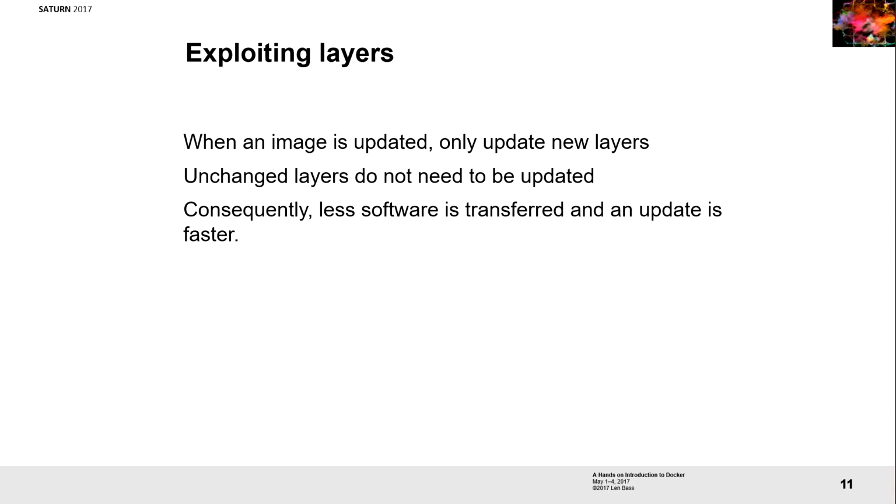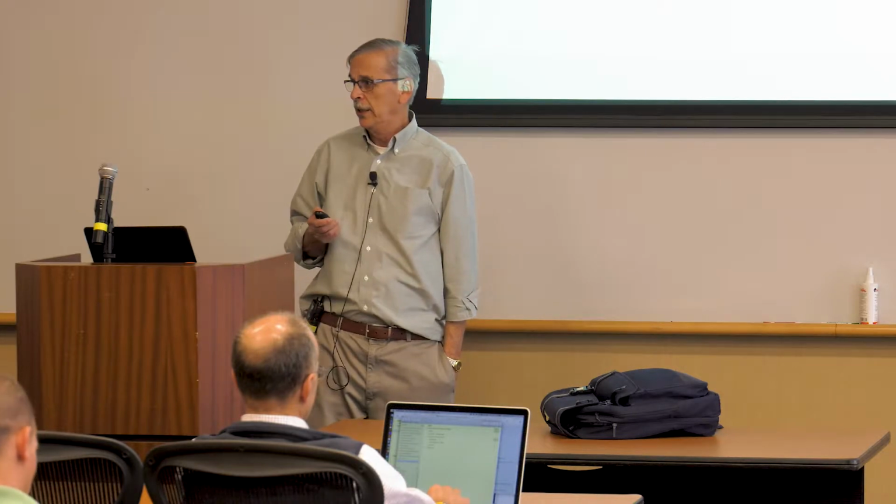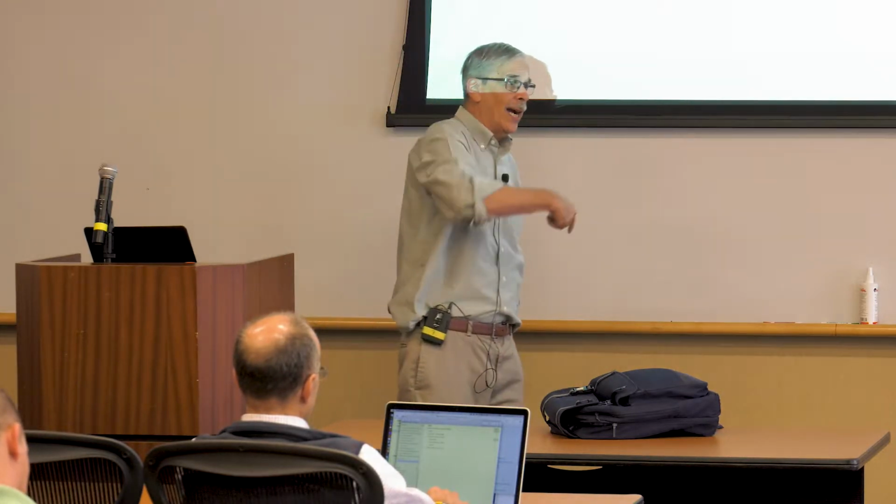Okay, so the key thing about the layers is when I'm redeploying something, I don't redeploy the whole thing, I just redeploy the layers that have changed. So that's my comment about the operating system. You load the operating system once, now I want to update it, I don't have to load it again because it's not going to change. I just load the part that's changed.